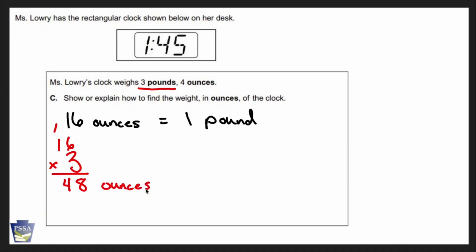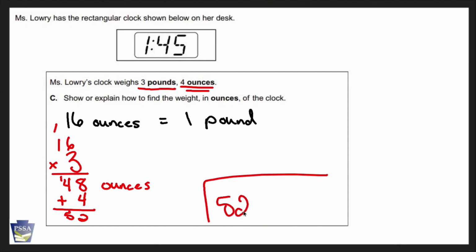Okay? On top of that, we need to add the 4 ounces that was already there. So 48 plus 4: 8 plus 4 is 12. Carry the 1. 1 plus 4 is 5. This whole thing is going to be 52 ounces.